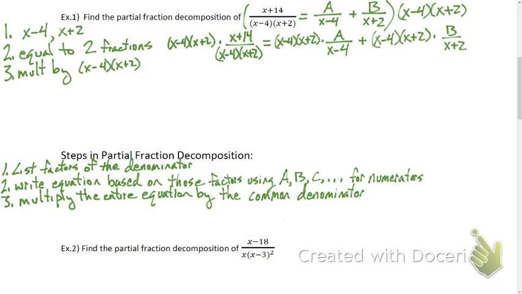And then cross things out that happen more than once, on the side and on the bottom. So on the left side, it cancels out really nicely, and all you have left is the numerator. On that second term, the x minus 4's cancel, and on the last term, the x plus 2's. So we end up with x plus 14 equals a(x plus 2) plus b(x minus 4).